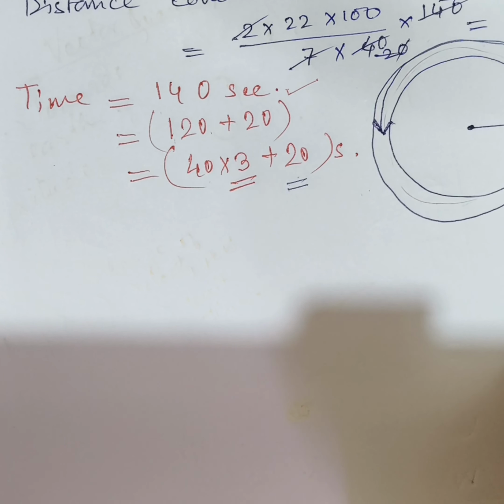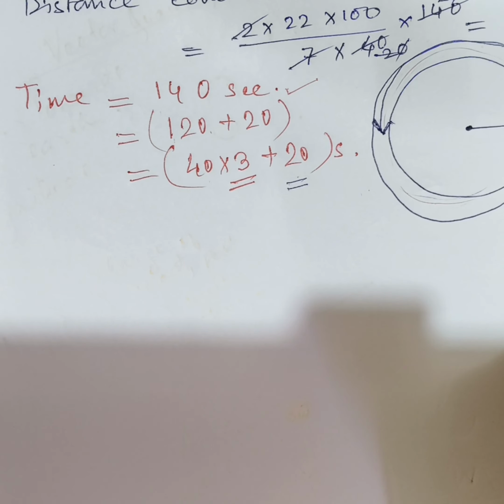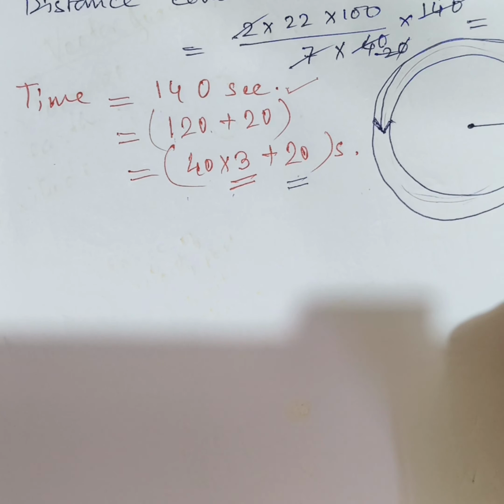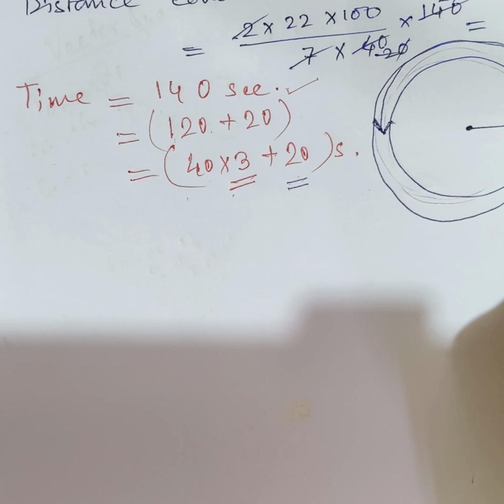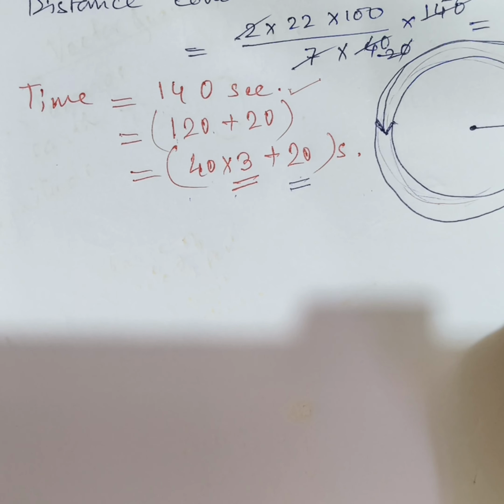I mean to say that when you have the time, you have to ascertain in that time how many rounds he went. And you know that the displacement for an object that starts from here and again ends here is 0. So after completing 3 rounds, 1, 2 and 3, the net displacement was 0.